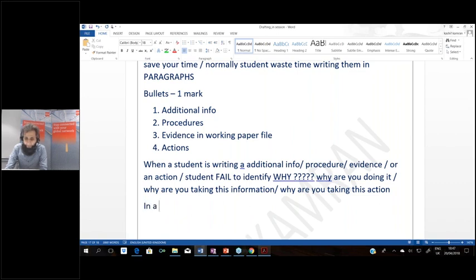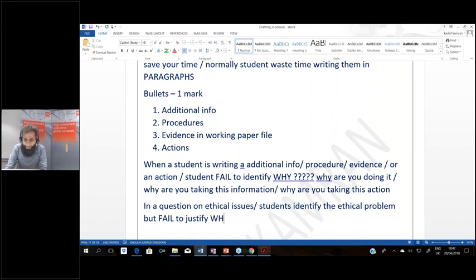In a question on ethical issues, students identify the ethical problem but fail to justify why it is a problem.